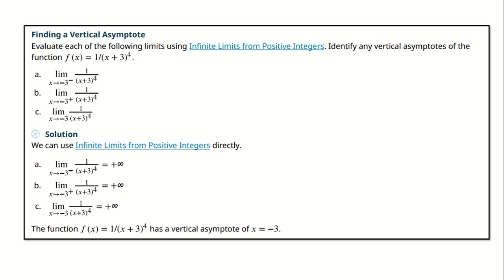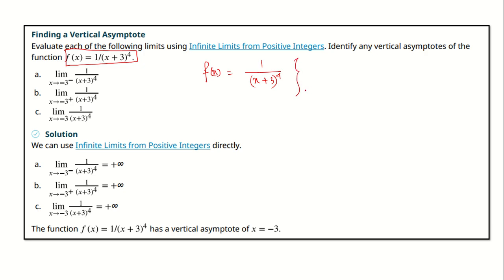Here are some examples of finding vertical asymptotes. Evaluate each of the following. We are given f of x equals 1 over (x plus 3) to the power 4.